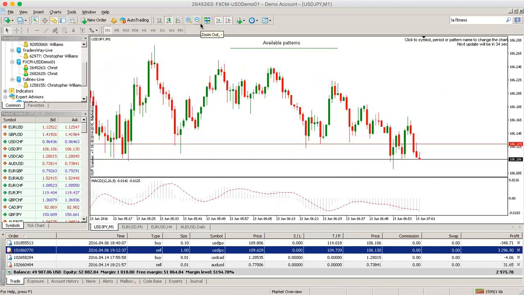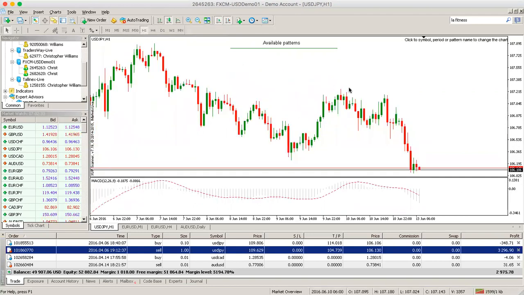What I like to do sometimes on the longer time frames is draw a trend line. So now this is June 10th, right now we're at June 13th, so I would draw a trend line from here down to there.